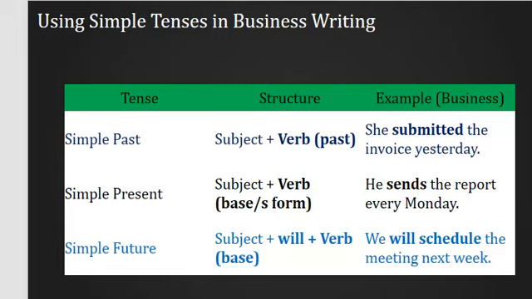For instance, we will schedule the meeting next week. Okay, so this simple future tense is used for plans or commitments. I repeat, the sample sentence, we will schedule the meeting next week. So use this simple future tense when writing announcements or promises.